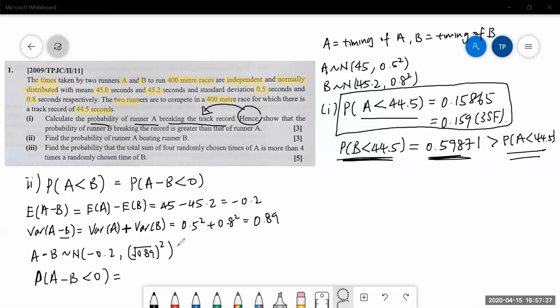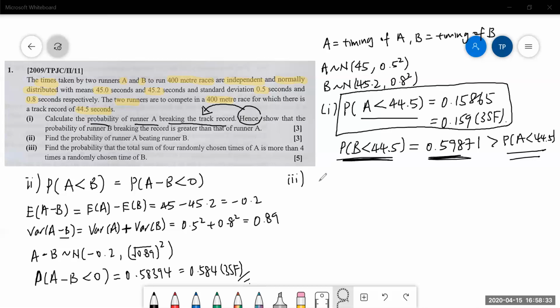So your upper bound will be 0, your lower bound will be -E99. The answer is 0.58394, which is equal to 0.584 to 3 significant figures.